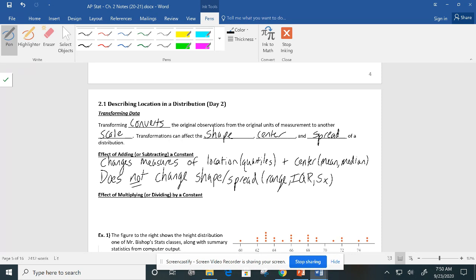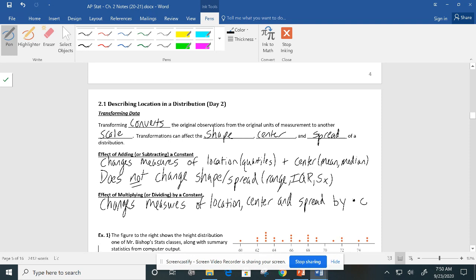Multiplying or dividing. So now say I multiplied all of my observations by 2 or something like that. Will change the measures of location, center, and spread by whatever that value I'm multiplying by.